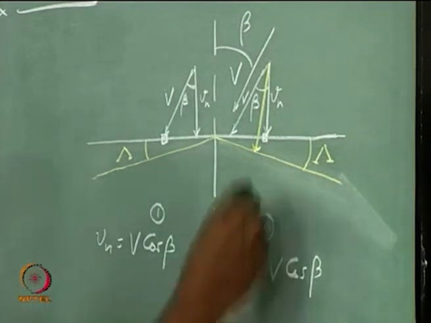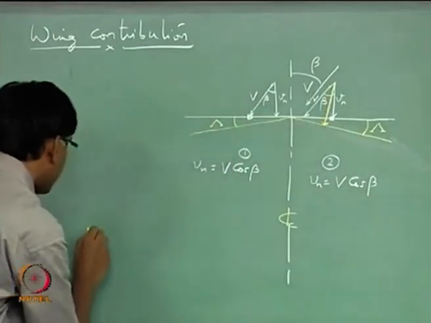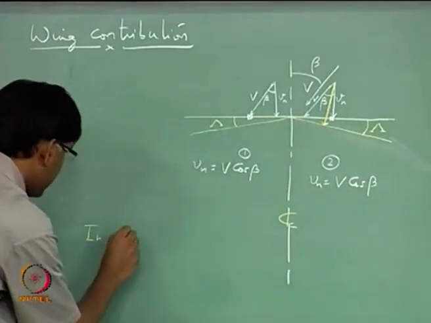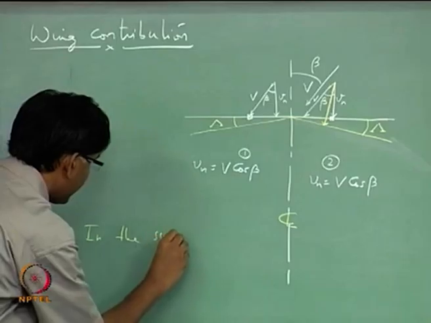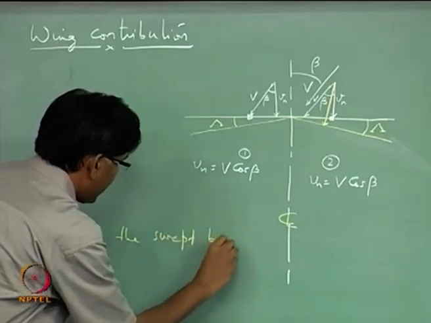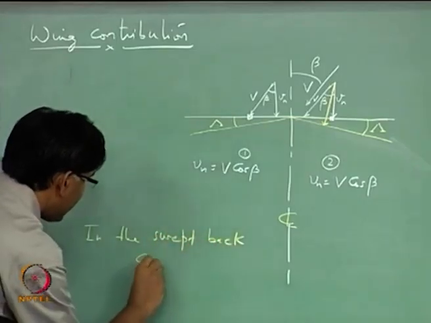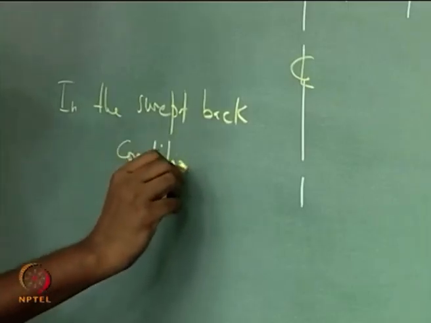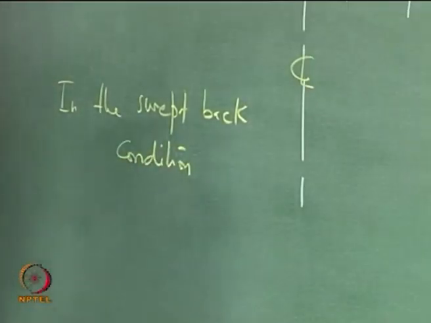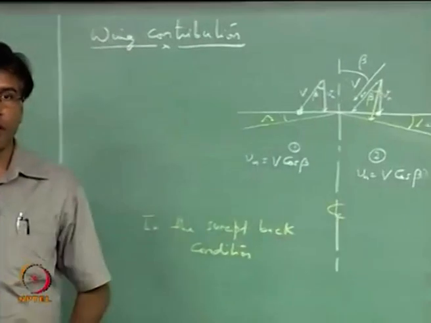So, in the swept back condition, now we are looking at two airfoil sections which are equidistant from the center line on the two sides of the wing, right.